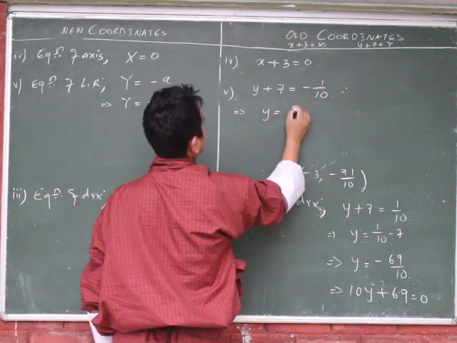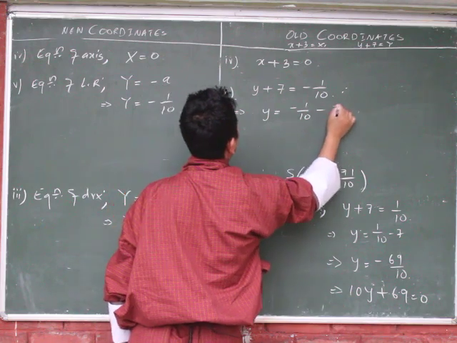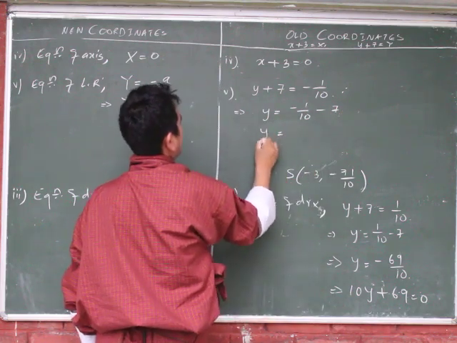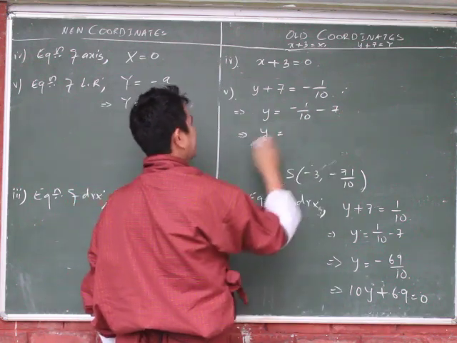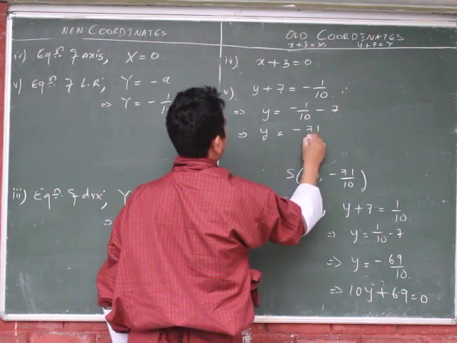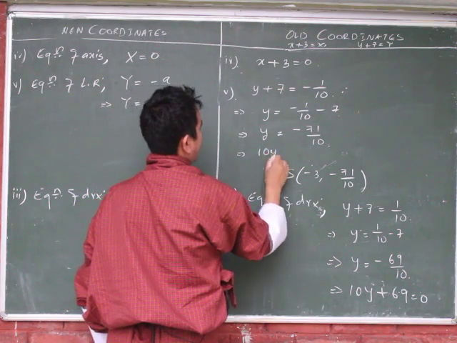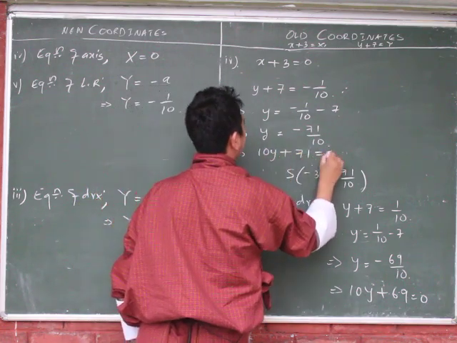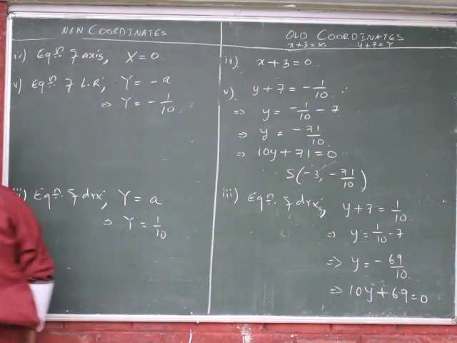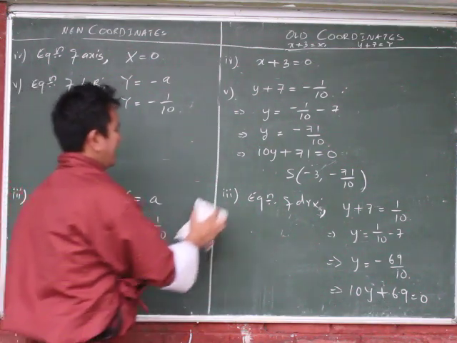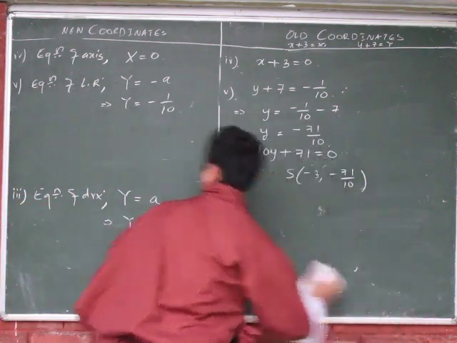Implies y is equal to negative 1 by 10 minus 7, which implies y is equal to 10 sevens are 70, negative 71 by 10. So we have 10y plus 71 is equal to 0. This becomes the equation of latus rectum.